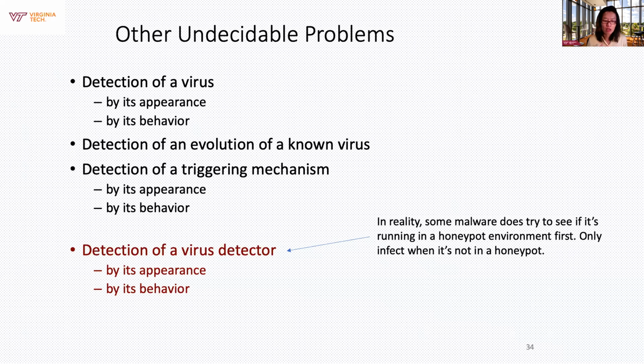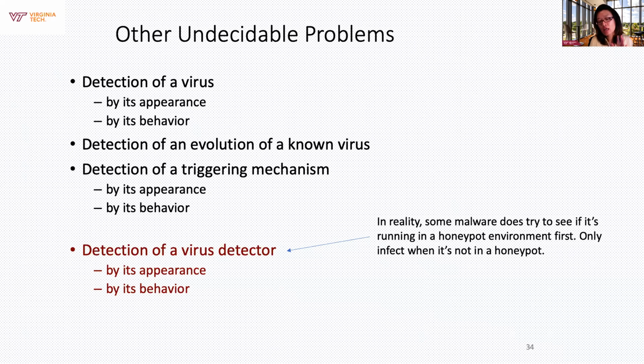because they don't want defenders to observe their behaviors, right? So that becomes relevant. A virus would want to figure out whether or not it is being executed in a honeypot environment, being monitored by the virus detector, and that's undecidable.